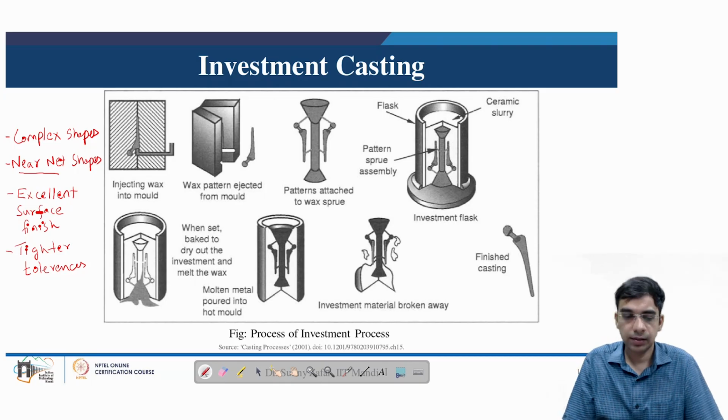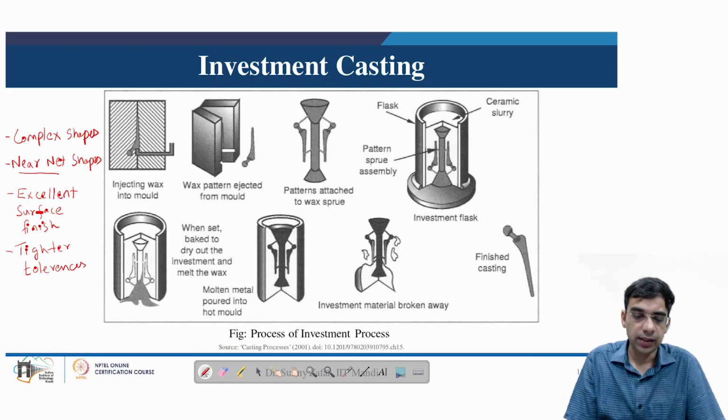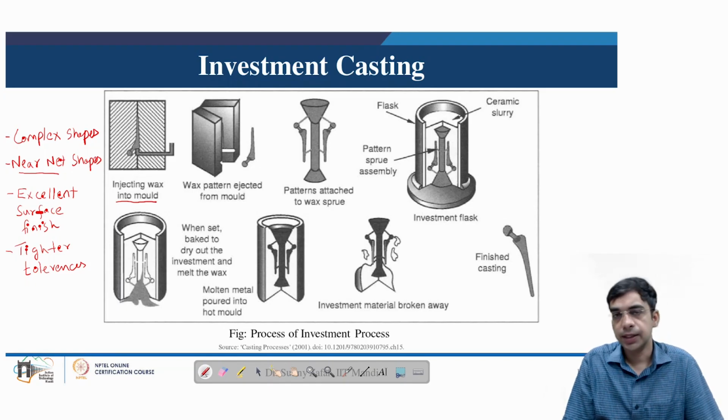So investment casting process starts with developing of a wax pattern. Investment casting process is also known as lost wax process. In this regard, the pattern is developed by injecting liquid wax into a metallic mold. The metallic mold has a cavity which is a replica of the object which will be cast using that wax pattern.